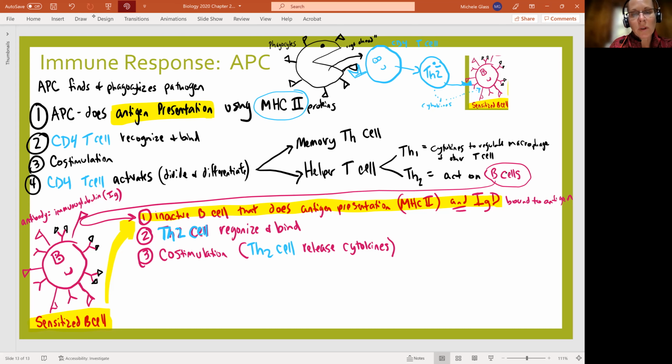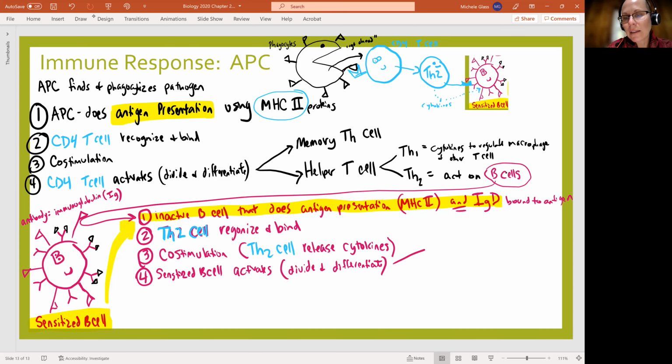Okay. And then let's be ready for step 4. It's the same step we always have. So now we see that the sensitized B cell activates. And when lymphocytes activate, what that means is divide and differentiate.